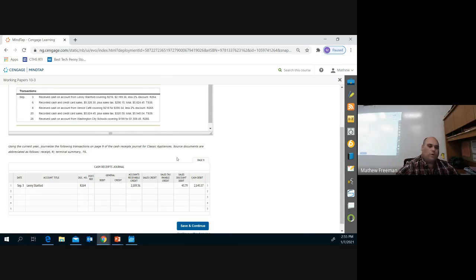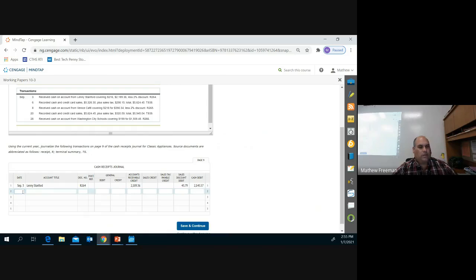That's being applied towards the accounts receivable and it's going to credit. And then we're receiving cash that's going to be debited in our cash account for $2145.57, and that adds up the total amount that we're going to be crediting for accounts receivable. Okay, let's go to the next one.